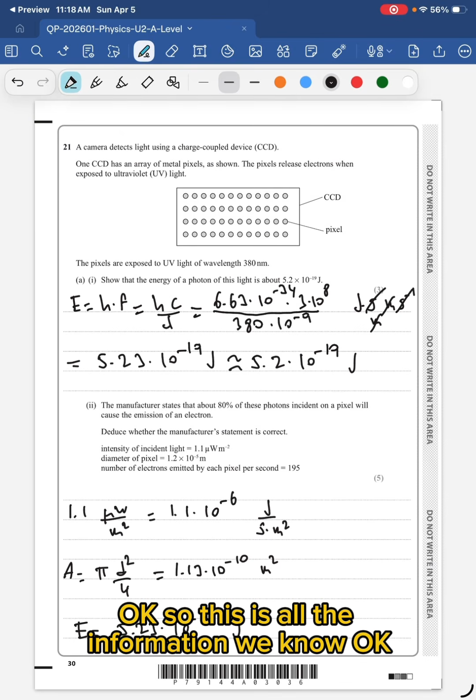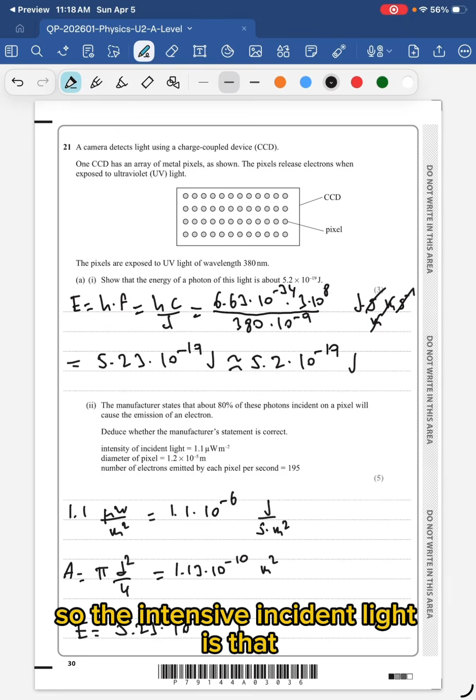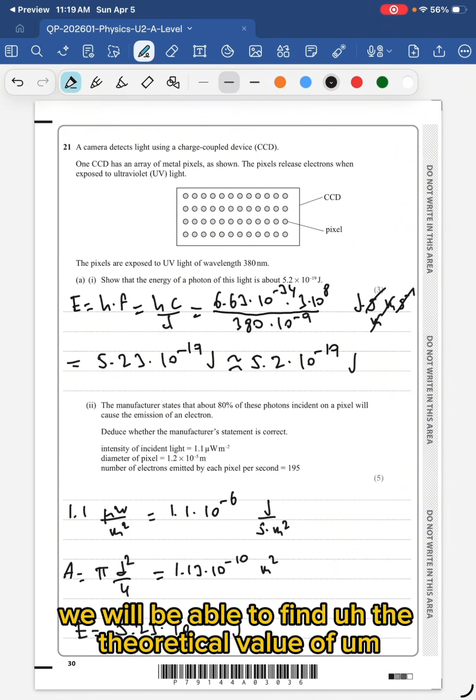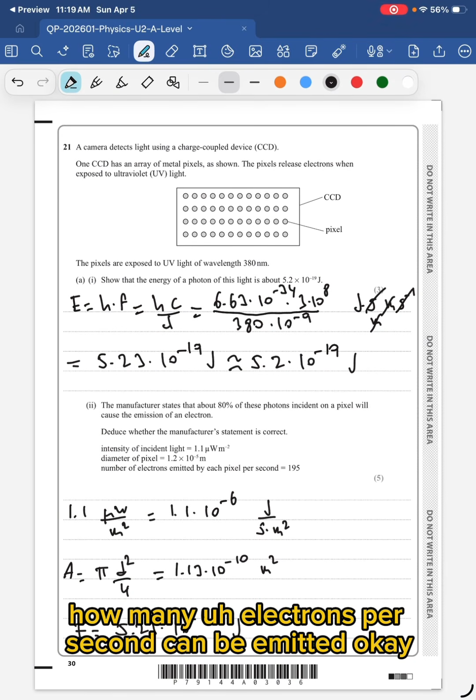So this is all the information we know. The intensity of incident light is that. So if we multiply by the cross section and divide by the energy of each photon, we will be able to find the theoretical value of how many electrons per second can be emitted.